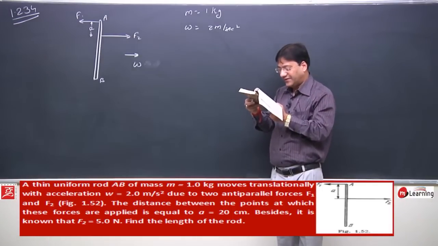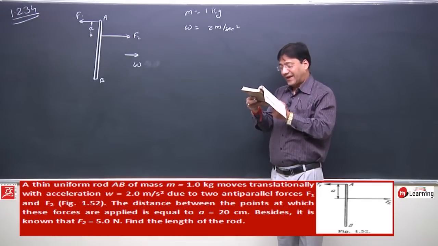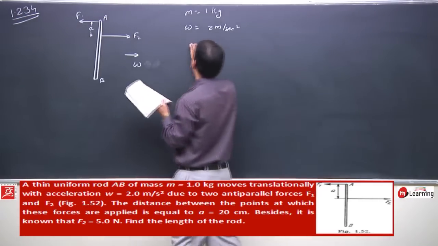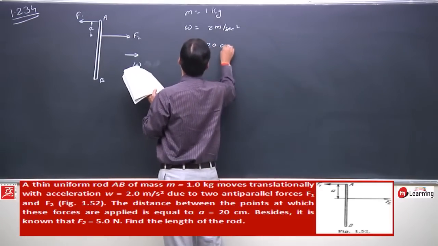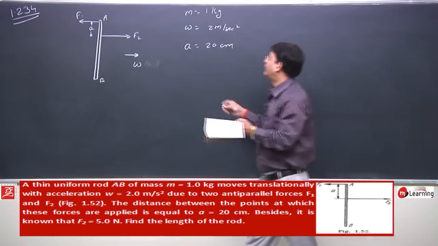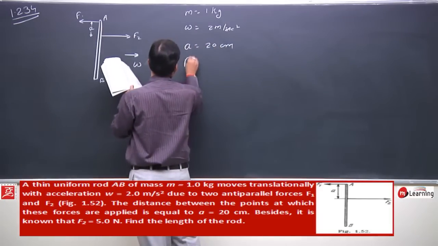The distance between the points at which the forces are applied is A. This distance A is 20 centimeter. Besides this, it is known that force F2 is 5 Newton.